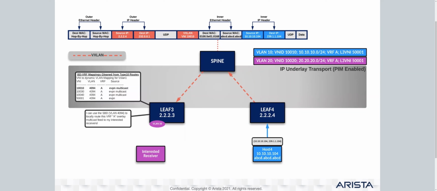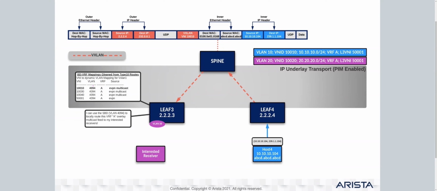Even though we don't have VLAN 10 or anything mapped to VNI 10,010 locally present, we do know, because of the type 10 routes, that if we receive a VXLAN encapsulated packet with this multicast destination address in the outer IP header, it maps to VRFA. So we can use the supplementary bridge domain, or SBD, associated with VRFA to do the routing operation into the destination subnets where our locally attached receivers reside.